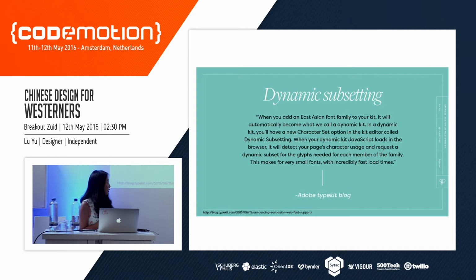In recent years, there's a new technology called dynamic subsetting, which allows you to create a dynamic kit. The dynamic kit JavaScript loads in the browser, and it will detect whatever characters you are using on that specific page. So you will just need to download those characters. And that makes the font file size a lot smaller and loads a lot faster.